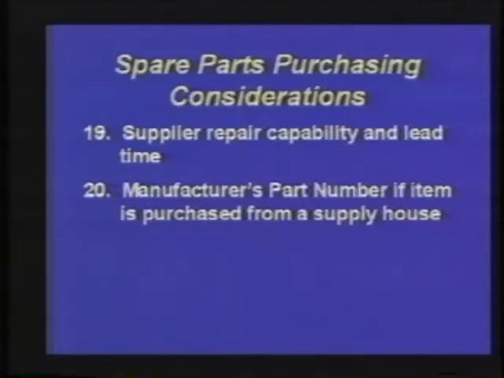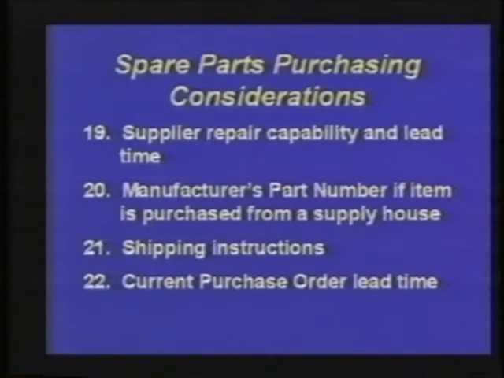If the item is purchased from a supply house, we may want to go directly to the OEM, just as we discussed earlier when we talked about an OEM supplying equipment to us and he or she uses OEM spare parts. We would want to purchase directly from that OEM. And the reason is simple: to reduce lead time and reduce purchase order costs.